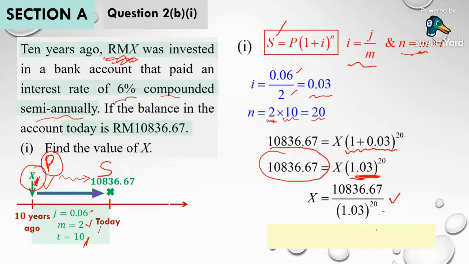In daily life, mostly we just convert to 2 decimal places only. Rounded off to 2 decimal places, it gives 6,000, because you can see from your calculator it's 6,000.00 something, but rounded off it still turns out to be 6,000 only. So this is how we get the answer for the first part, the X value.